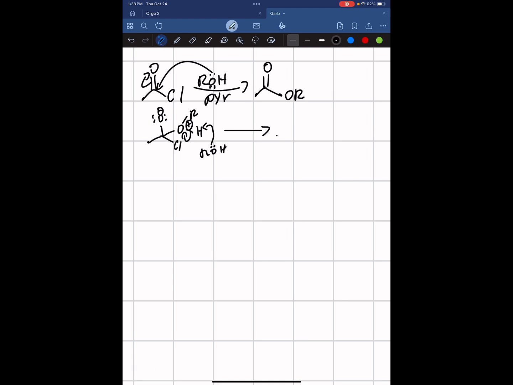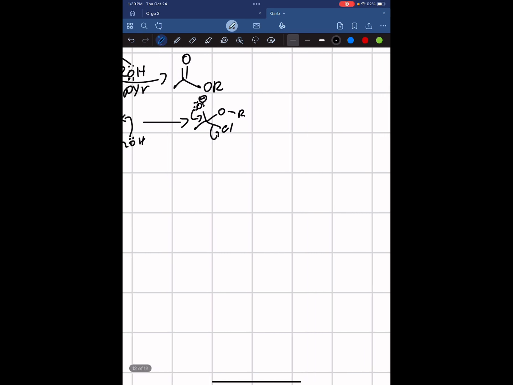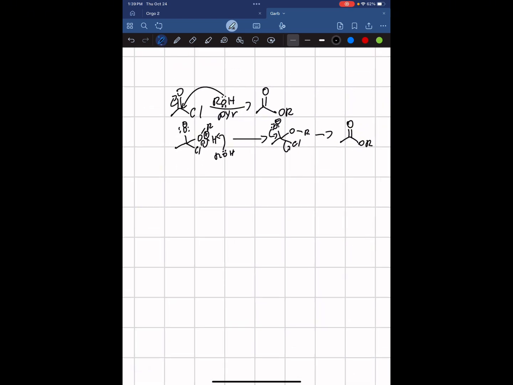Forgot to draw the chlorine. And from here, you're going to have an OR group and a negatively charged oxygen atom. From here, one of the lone pairs can fall onto that bond, kicking off the chlorine because chlorine's a good leaving group, giving you the resulting product of an ester. So this one's pretty straightforward. If you want to make an ester, the reagent is more than likely just going to be an OR group, whatever you need, an ethyl or a methyl group attached to the oxygen, but pretty simple.